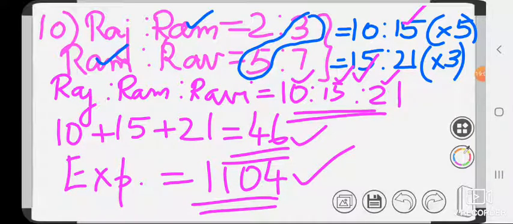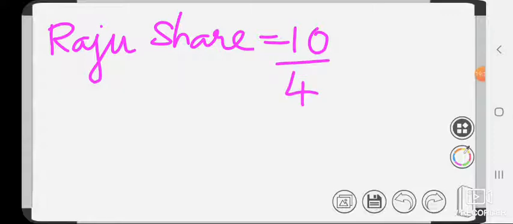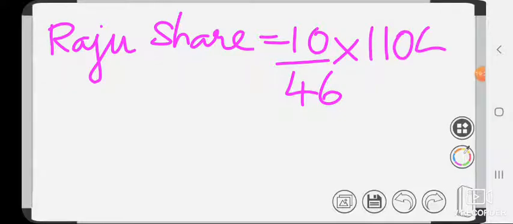We learned this in class 6. See, Raju's share, how will we find? 10, that is the first ratio, 10 by the total ratio 46 into the total expenditure 1104.